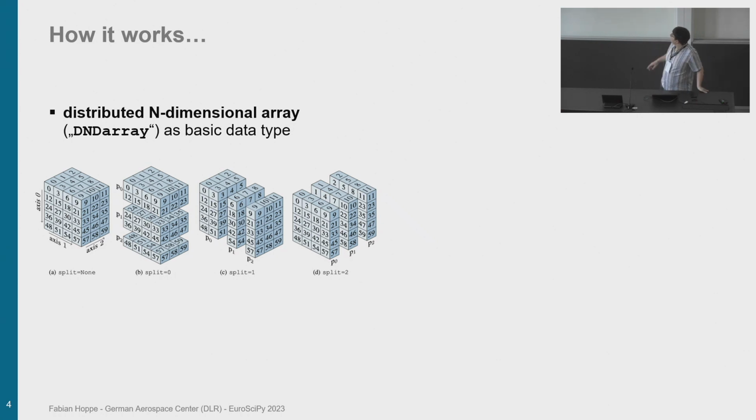If you look at such an array, you can split it along one of its dimensions, either along dimension 0, dimension 1, or dimension 2, and distribute the chunks on different machines. So in this example, we have 3 machines.